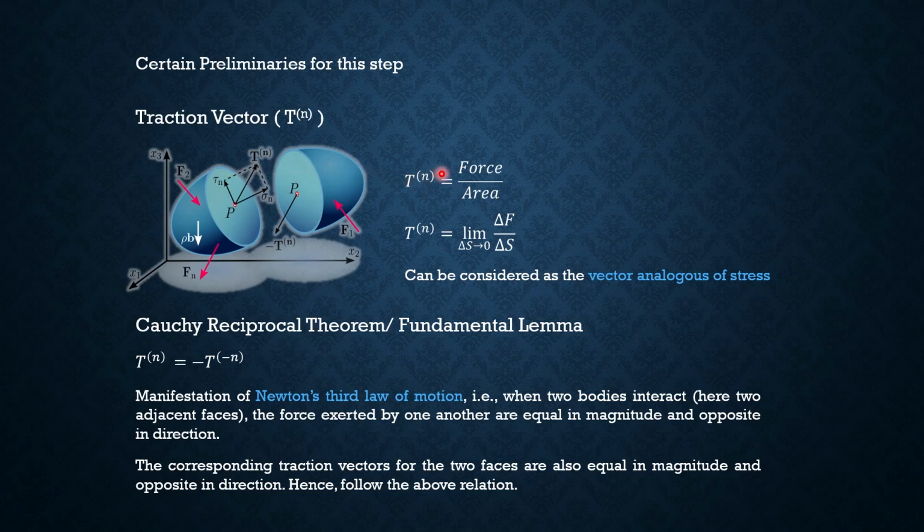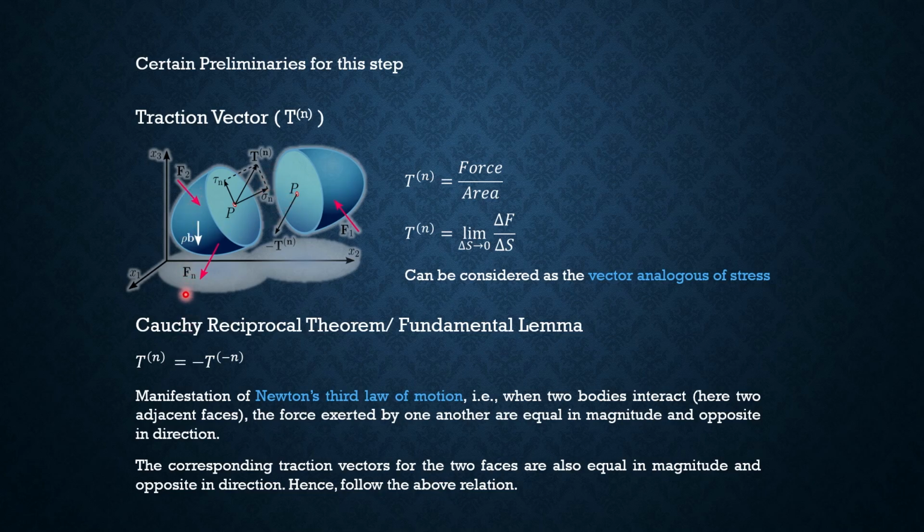Officially it is defined as force by area, or otherwise the limit of F by delta S with delta S tending to 0. This can be considered as the vector analogue of stress because there is a normal stress over here, sigma n, and there is the shear stress, tau n, and we are taking a resultant of it and marking it as T of n. So that's all about the traction vector.